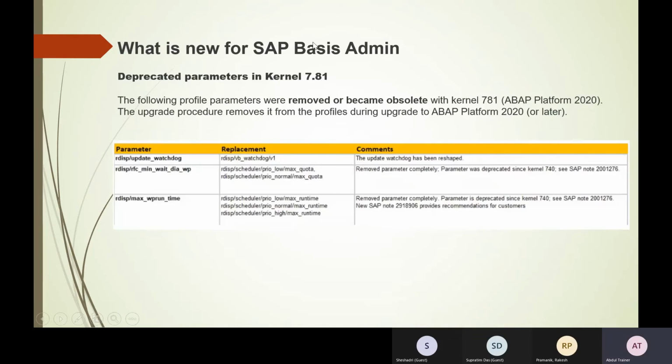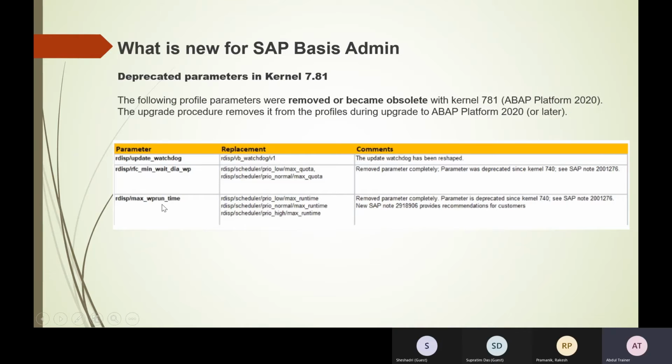If you see the kernels, you will get kernel 7.81. In 2020, the WP runtime parameters are obsolete, and we have some other parameters on the 7.51 kernel release; these two are also removed.